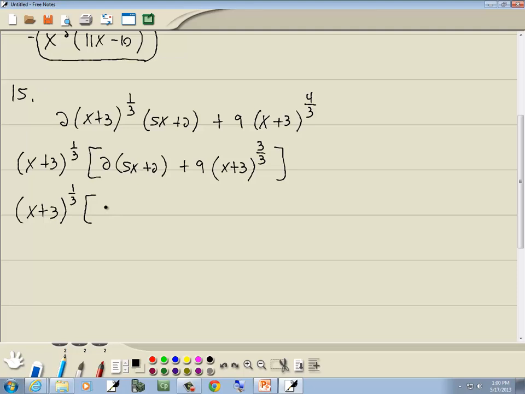So 2 times 5x gives us 10x. 2 times 2 gives us 4. Plus 9 times x plus 3. 3 over 3 is 1, so that just disappears.